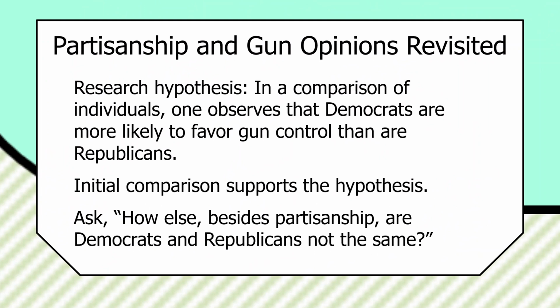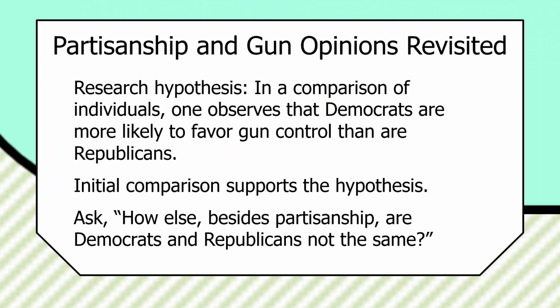So we are tempted to draw the conclusion that our theory, our explanation about the linkage between partisanship and gun control opinions, has causation in it, that somehow partisanship is causing this difference in the dependent variable. But now we must ask, how else besides partisanship are Democrats and Republicans not the same?